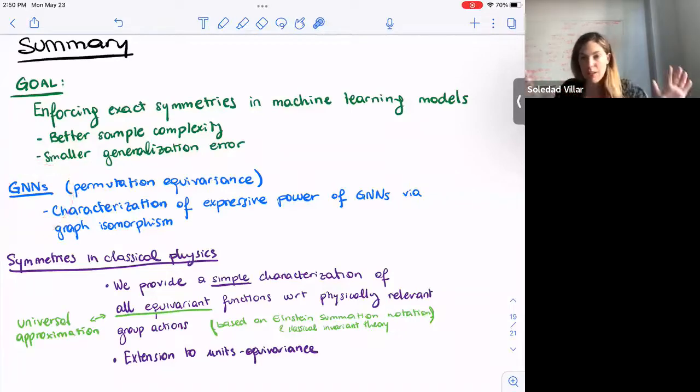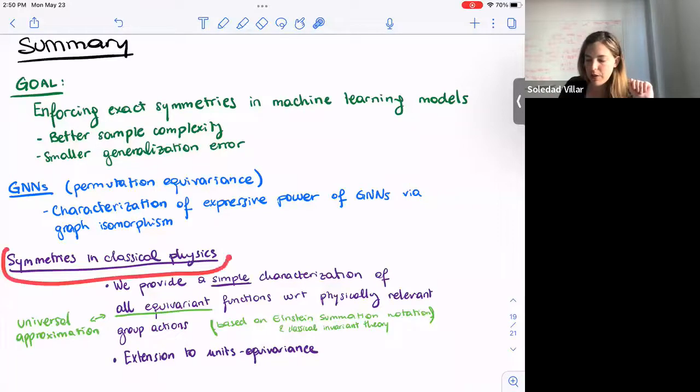a very large space of research, and it has some specific equivariance with respect to specific group actions, but also classical physics has some equivariance with respect to other group actions, and we can provide a simple characterization of all equivariant functions with respect to physically relevant group actions, meaning scalings and rotations and permutations.